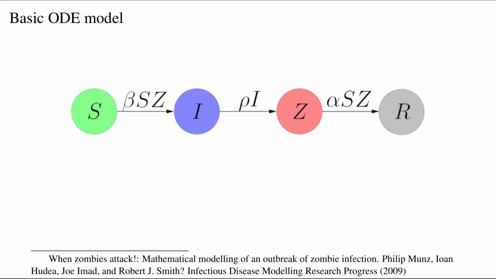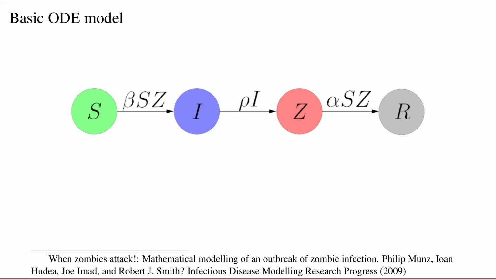As you go from susceptible to infected, there's a rate which depends on the concentration of susceptible and the concentration of zombies. Basically the zombies are interacting with the susceptible people and biting them to convert them into zombies. But they don't convert straight away. Instead, they turn into what's called the infected population.